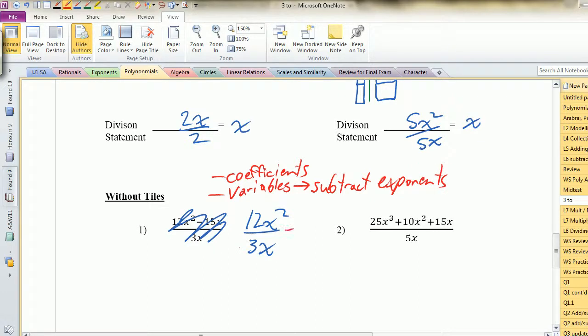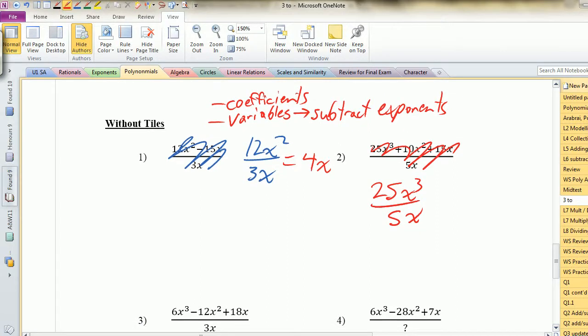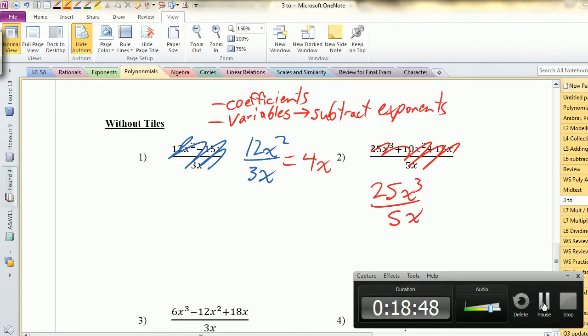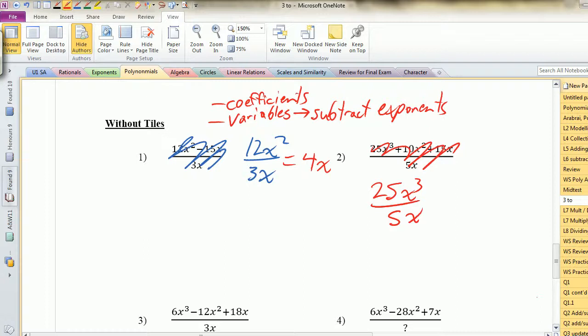So what's 12 divided by 3? 4. X squared divided by x? Simply x. Let's go 25x cubed divided by 5x. Go ahead, complete that. What's the answer? 5x squared. Okay, that's perfect. That's all we need to do.